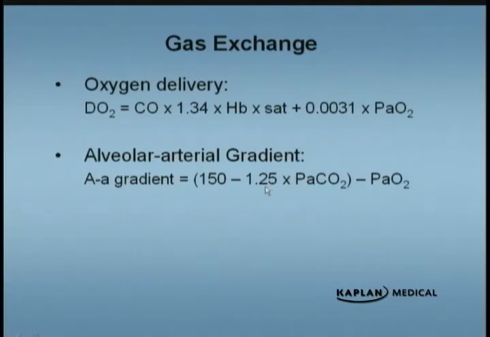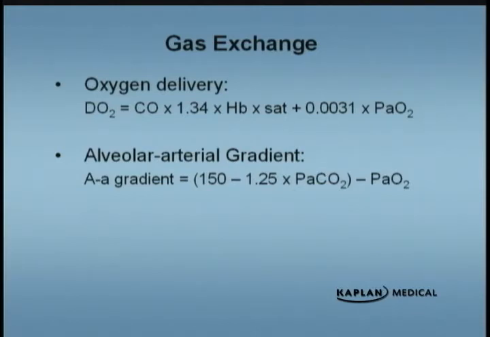So the 150 is this coefficient from the alveolar gas equation, and it says that if you subtract from that the partial pressure of CO2 times a coefficient 1.25, or divided by 0.8, you could use that formula too, same thing, it'll give you what the partial pressure of oxygen is in the alveoli.